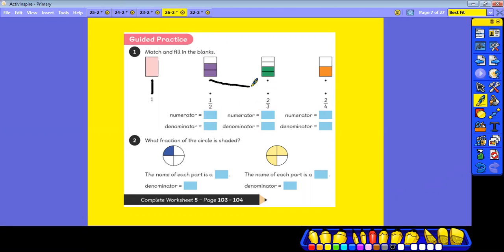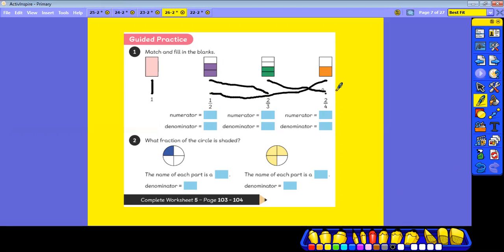Yes. So it goes like so. Here we've got another 2 parts shaded out of how many? 4. So that's 2 quarters shaded. Go. Hopefully your lines will be straighter than mine. And then here we've got 1 part shaded. So that's my numerator. But my denominator is 2 because it's divided into 2 equal parts.